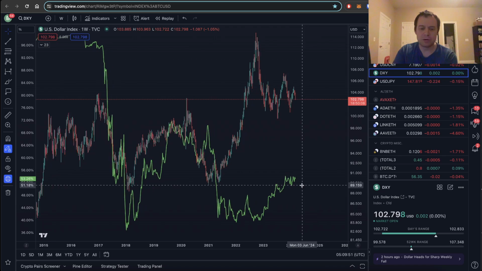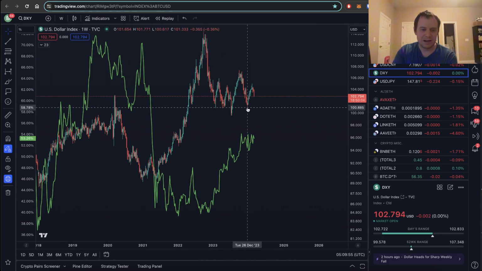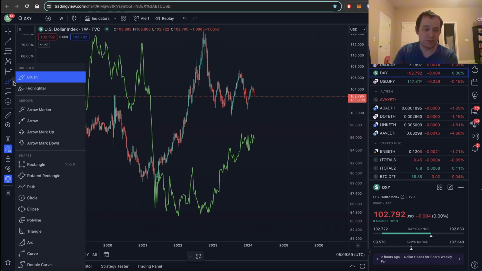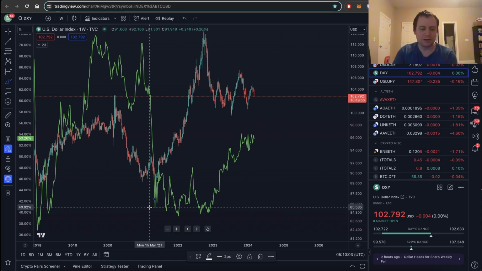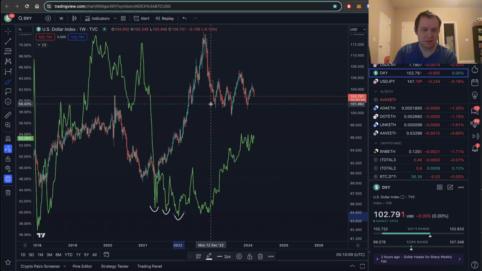When you look at Bitcoin dominance and the dollar, you can see two very clear trends. Essentially it goes like a low, a lower low, and a lower low. Same thing here with the dollar: a low, a lower low, and a lower low.